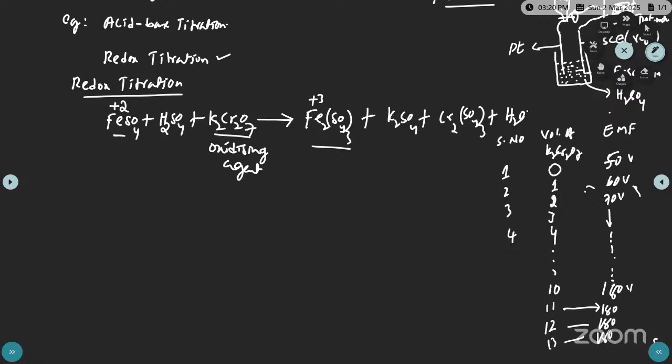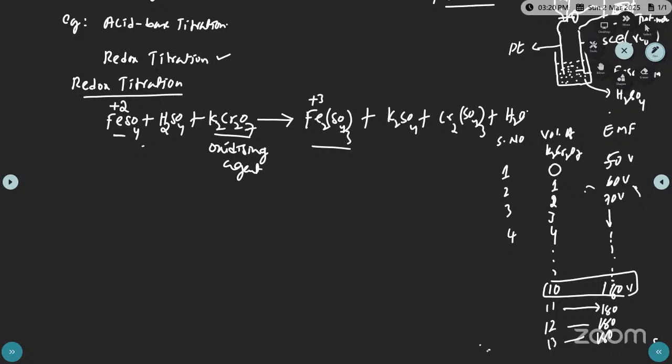So where should we decide the end point? The 10 ml of potassium dichromate is enough to complete the reaction. So based on that, we can determine the end point.